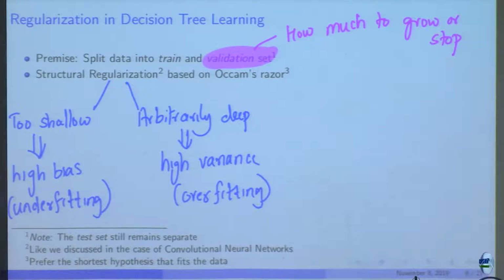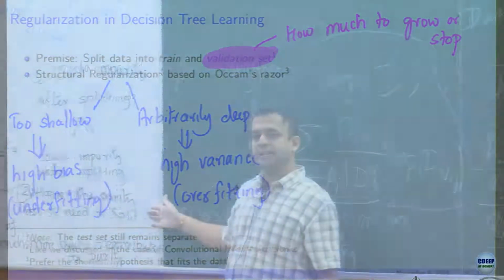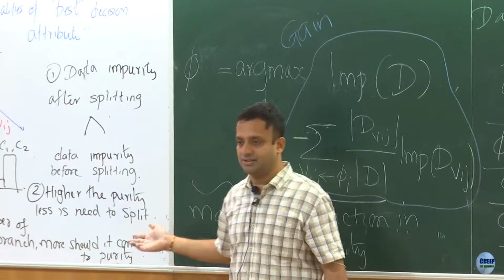So what would you do? What would be your regularization criteria under these observations? Yes. If the decrease is too small, then don't accept, just stop. So here, higher the purity, less is the need to split. So split only if impurity reduction is significant, right?